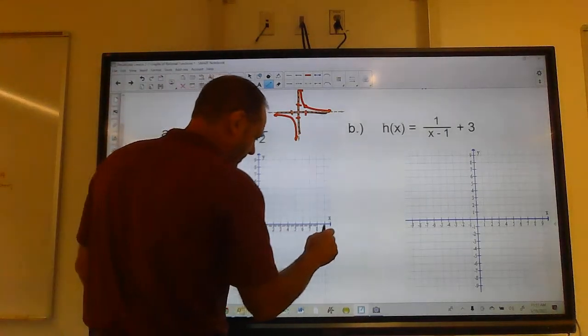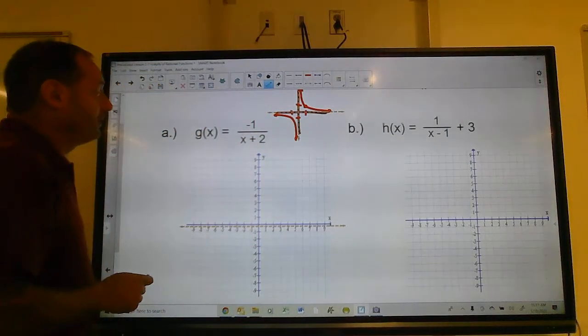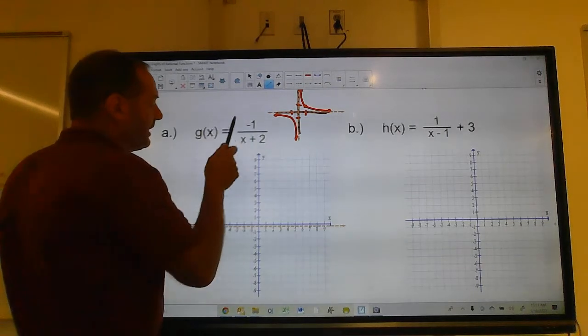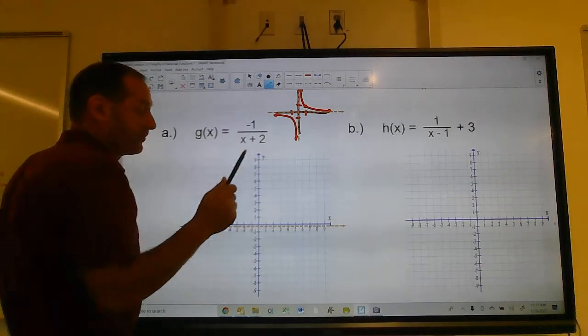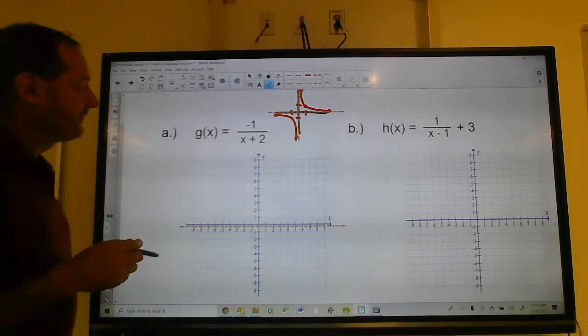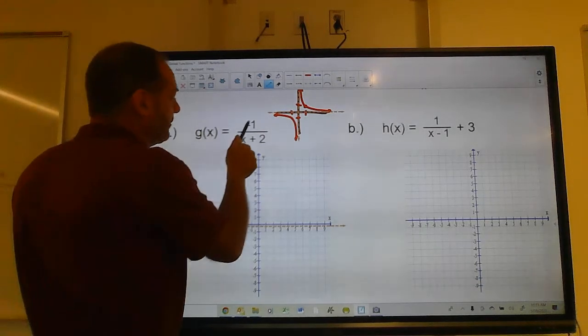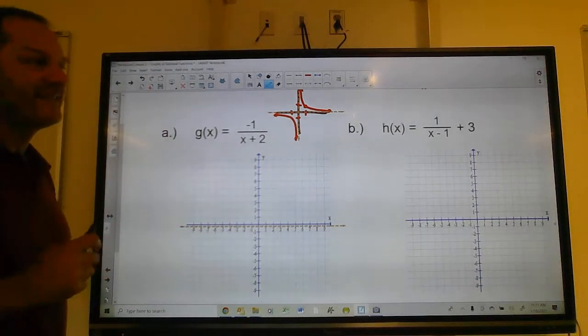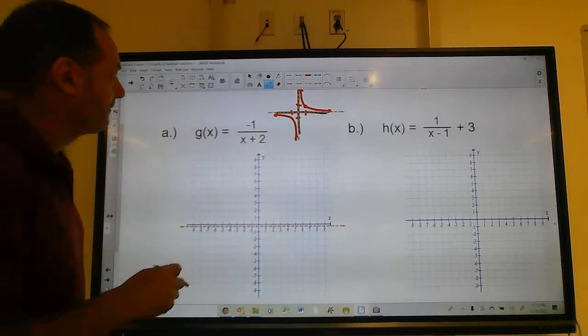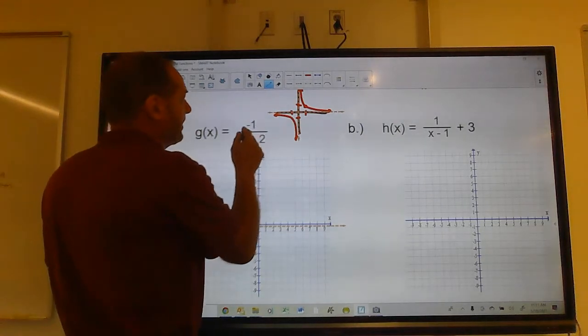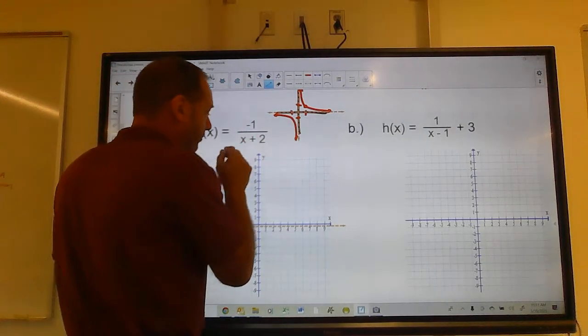Now, why is there a horizontal asymptote? Well, remember, the rule is it has a horizontal asymptote if the degree of the numerator is less than the degree of the denominator. So the degree of this numerator right here is 0. The degree of the denominator is 1.